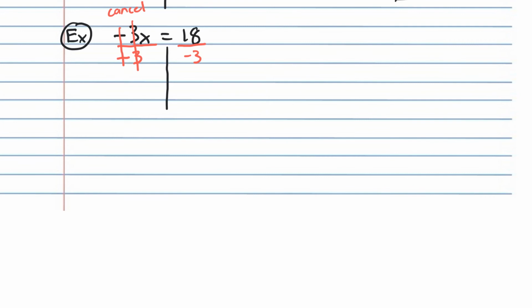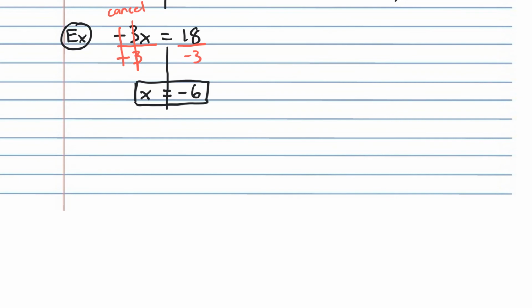We don't want negative x, we just want x. So now we bring down the leftovers. That x is still there. We only got rid of that 3. Okay, and then on the right side, 18 divided by -3. It actually works out nicely. Use a calculator if you need to. A positive number divided by a negative number gives you a negative, and 18 divided by 3 gives you 6. Okay? All right, one more.